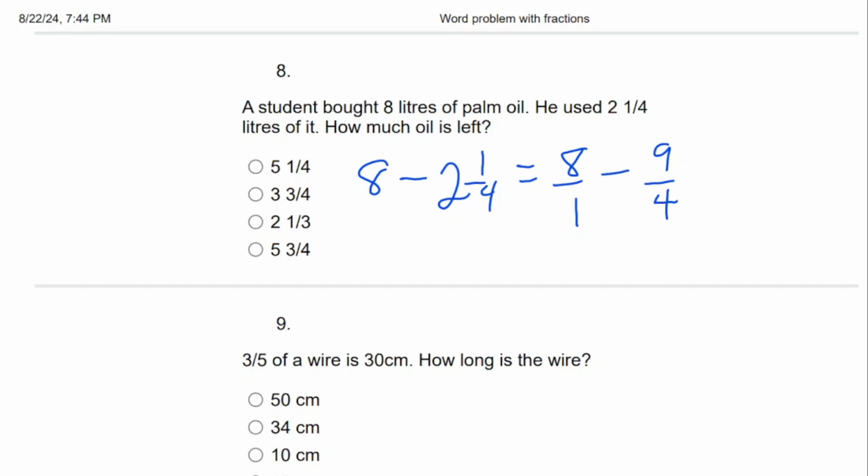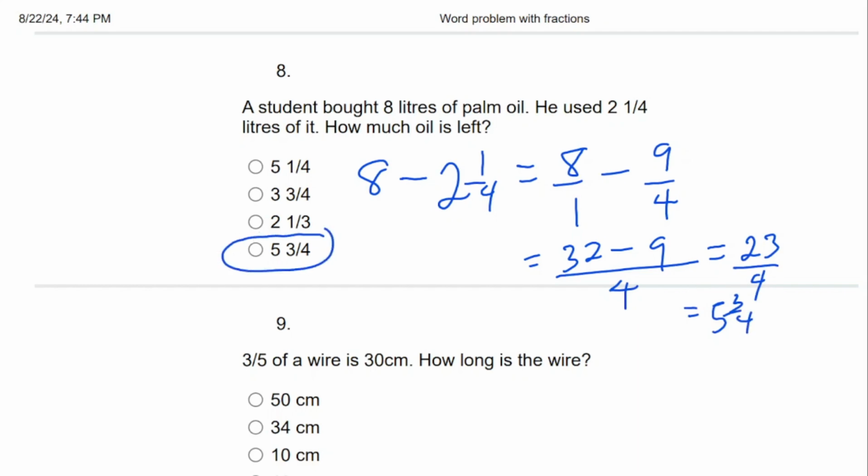You find the LCM, which is 4. 4 times 8 is 32, minus 1 times 9 is 9. So 32 minus 9 gives us 23 over 4, which is 5 whole number 3 over 4. I hope this is very clear.